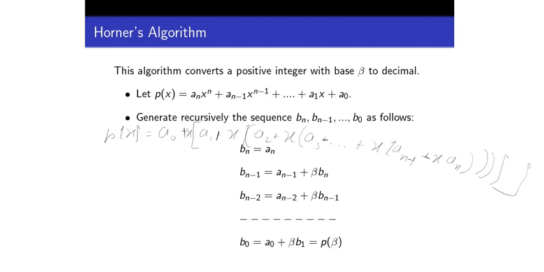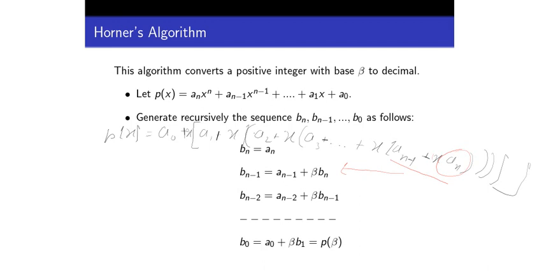So you are starting by replacing an by bn, then you are replacing this one with an minus 1 plus beta times bn, and an is here.